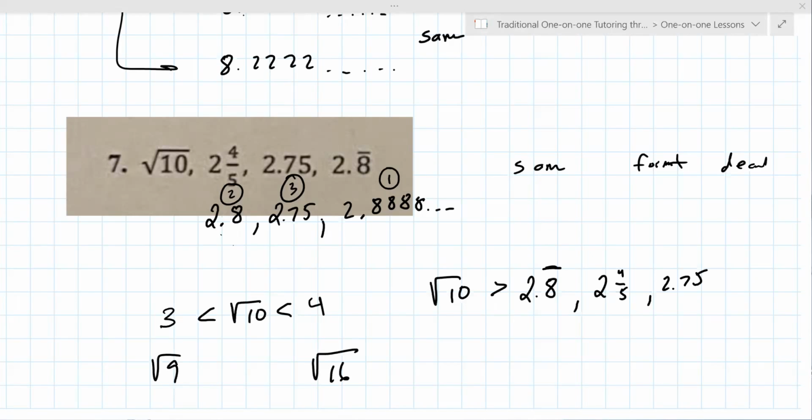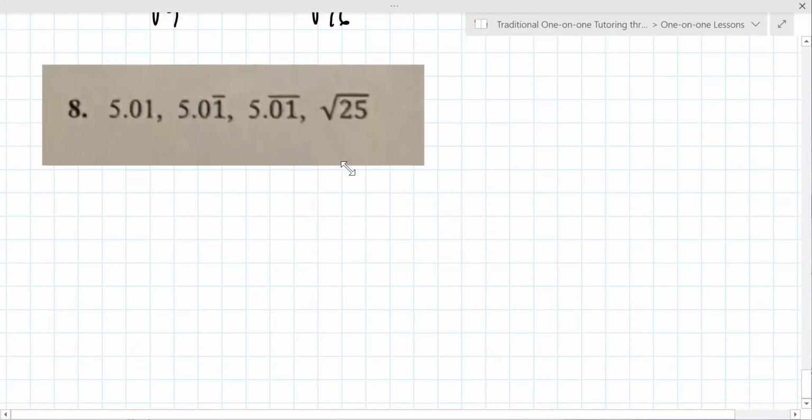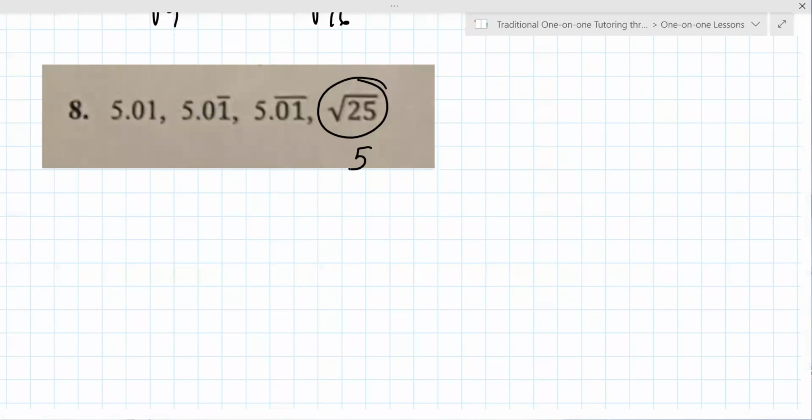Okay, ready to do number 8? Yeah. All right, so number 8. When I look at this list, I say, oh, square root of 25, I can reduce that. That's 5. So if you see something that works out nicely, you want to do that right away.